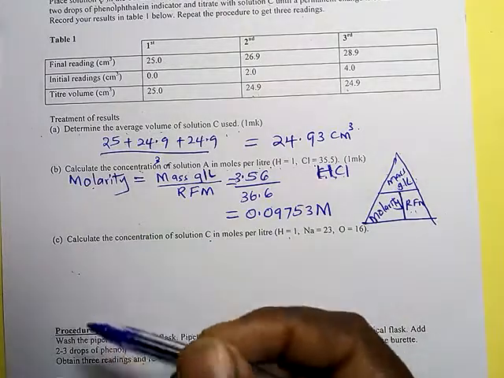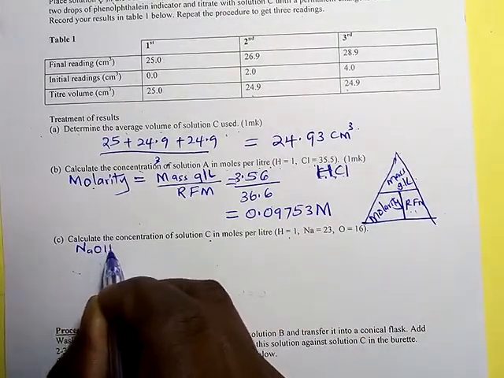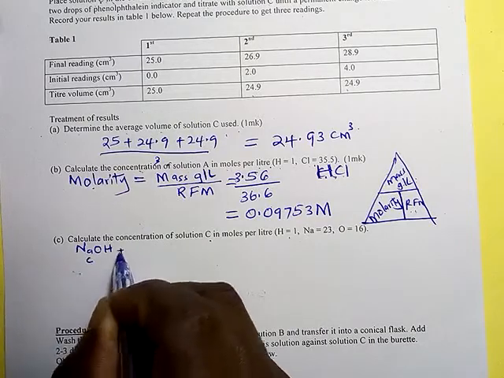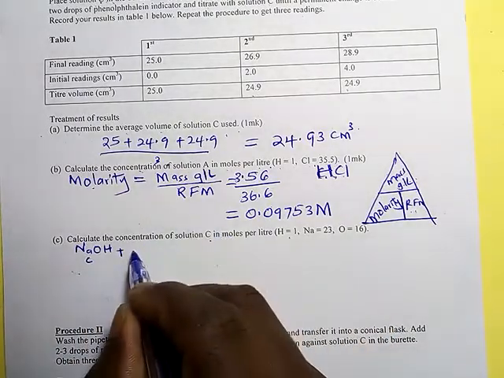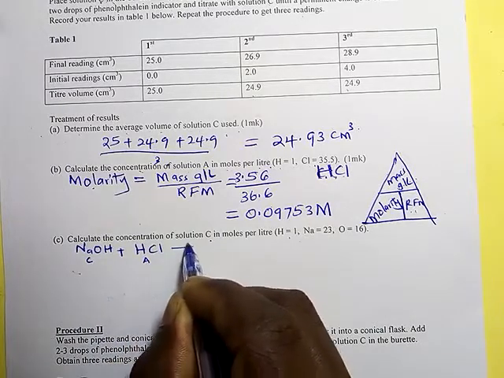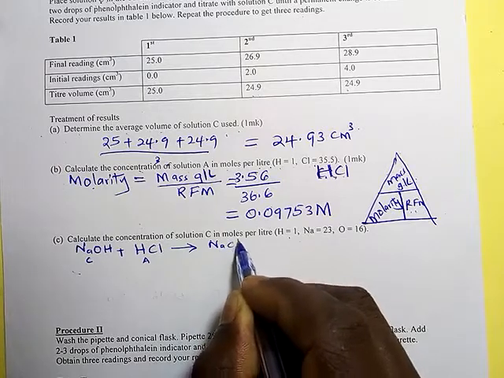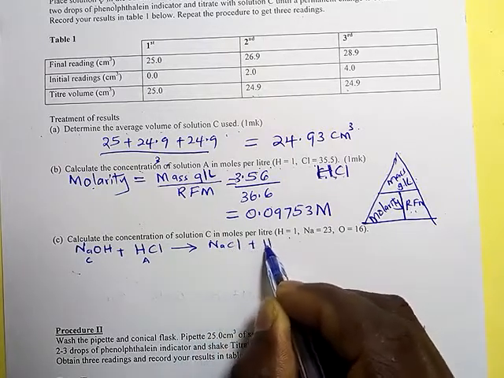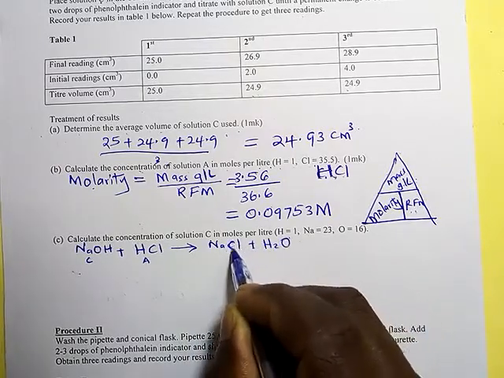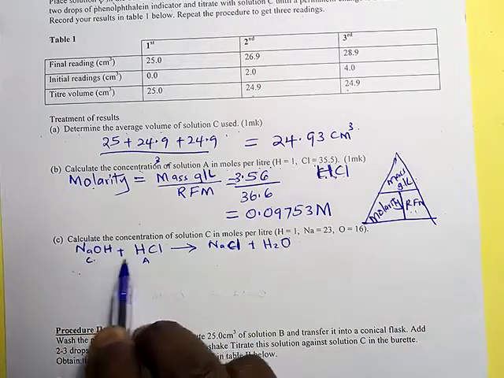C is sodium hydroxide. This is C. It's reacting with A. A is HCl, which is going to give us sodium chloride plus water. So the ratio is 1:1.